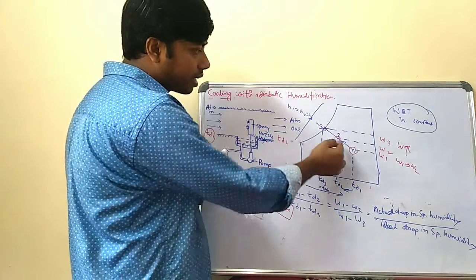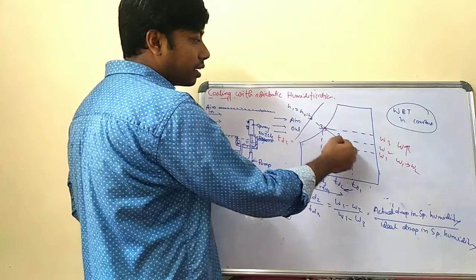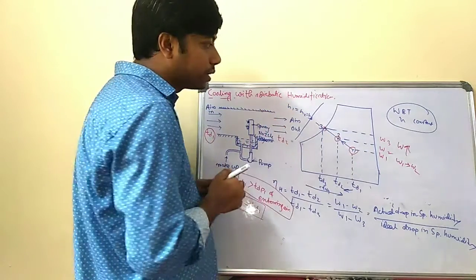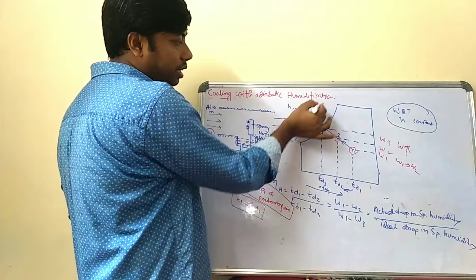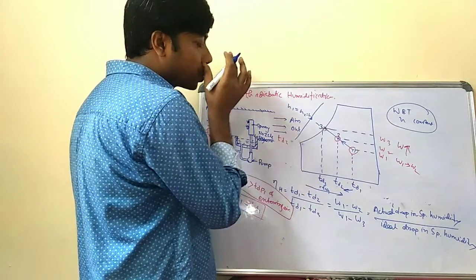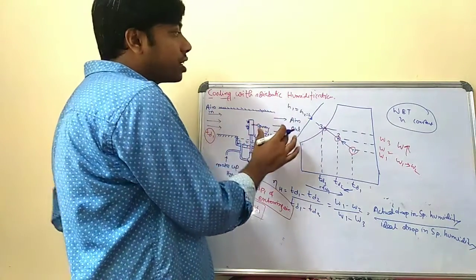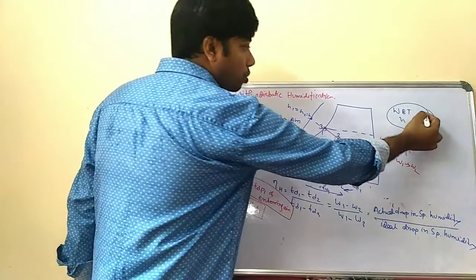And one more point is that this is the wet bulb temperature. As you know, the inclined line through this point indicates the wet bulb temperature. If you draw the enthalpy line, H1 is equal to H2, which is equal to H3. So in the cooling and adiabatic humidification process, enthalpy is constant, and wet bulb temperature is also constant. Okay.